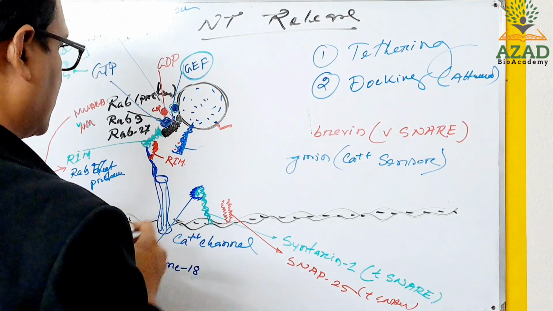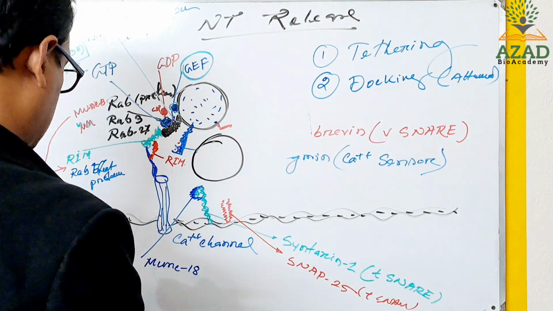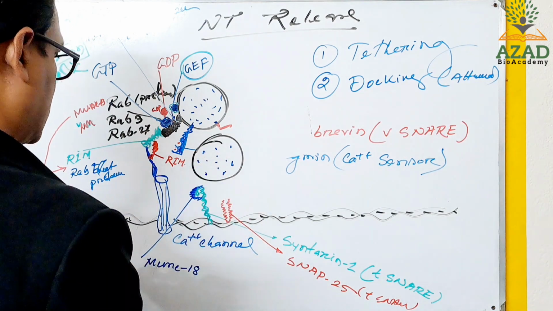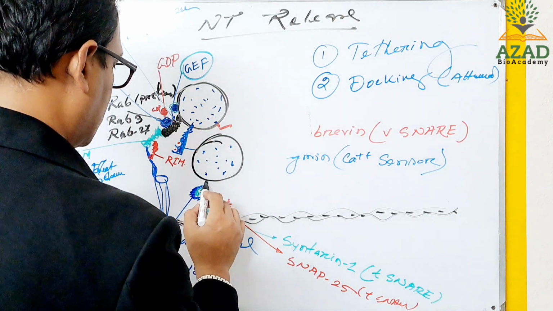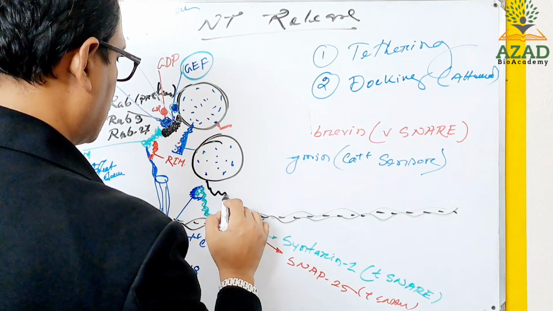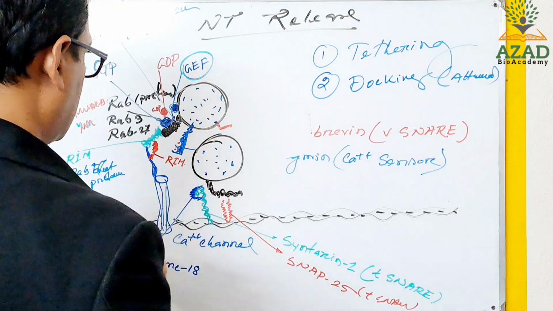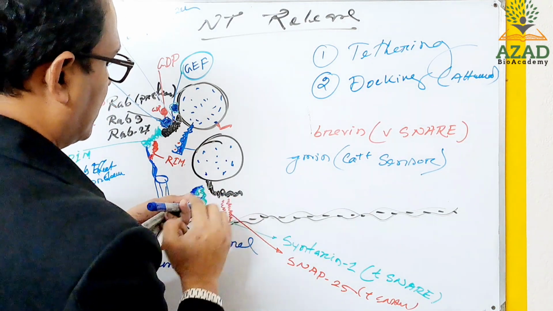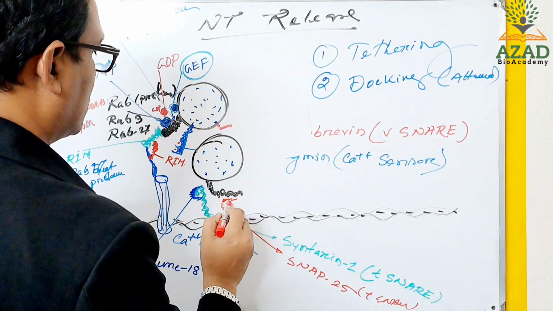This is your vesicle, and inside the vesicle is the neurotransmitter, and the V-SNARE will be here, just adjacent to that SNARE protein, but these are not connected.